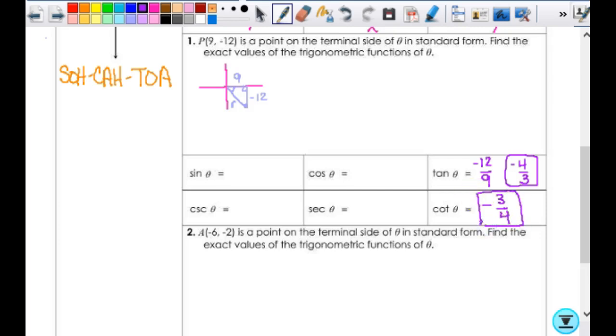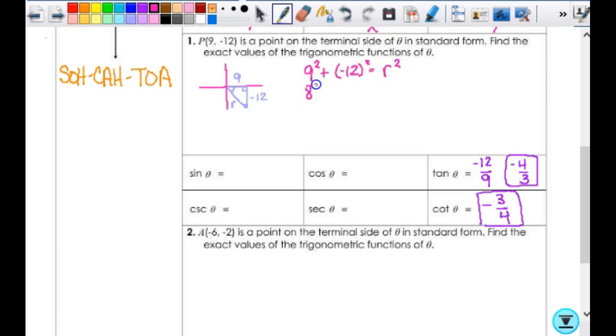But in order for me to find these, sine is opposite over hypotenuse. Well, the hypotenuse is the radius and I have an r. I need to actually find the value of that instead of just using the r. So I can do that using my Pythagorean theorem, right? So from Pythagorean theorem, I know that 9 squared plus negative 12 squared is equal to r squared.